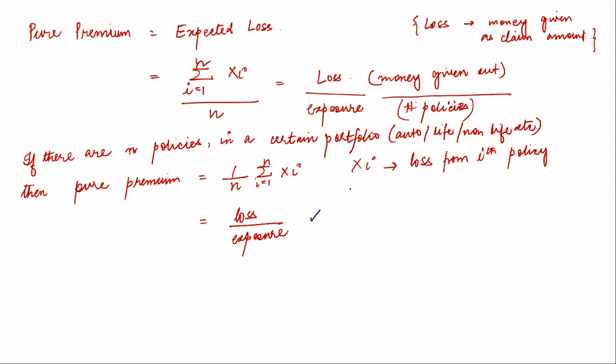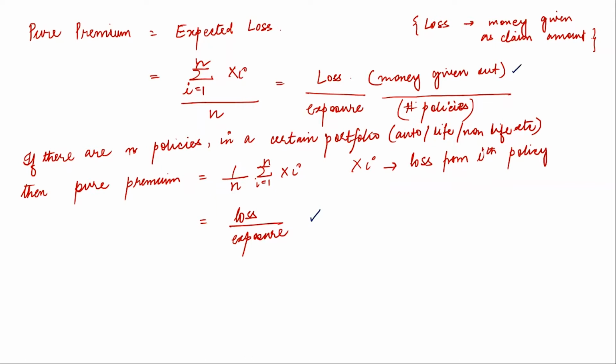Basically, you have n number of policies, out of which some policies have resulted in a claim. So you take all of those claim amounts, you sum up the total money that has gone out of your pocket to pay back the claimants, and you divide that by the number of policies. That is basically the premium.